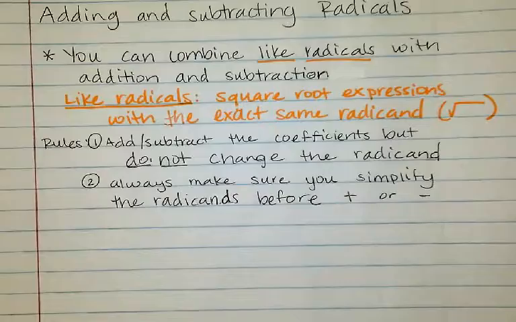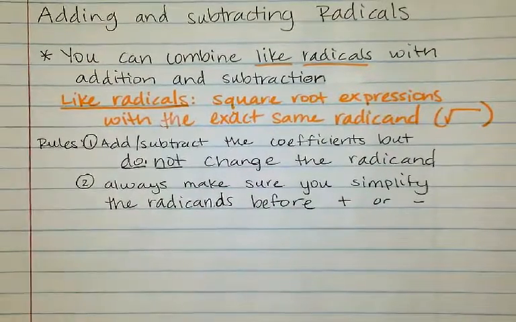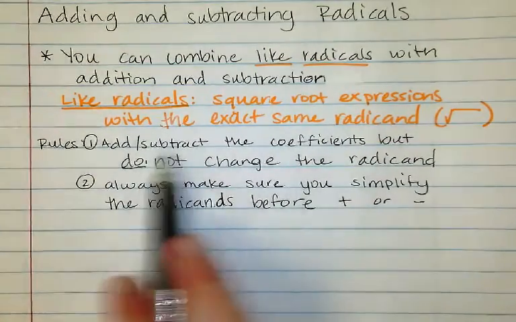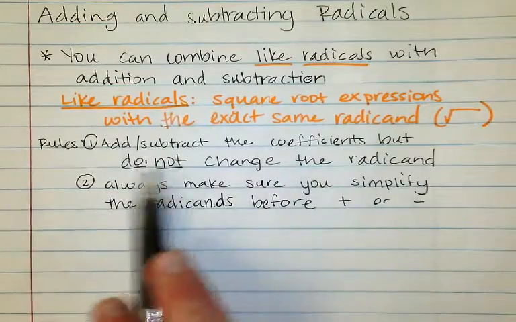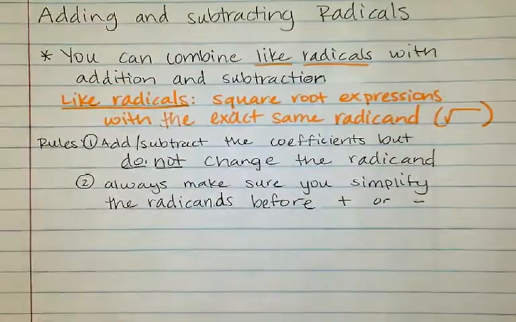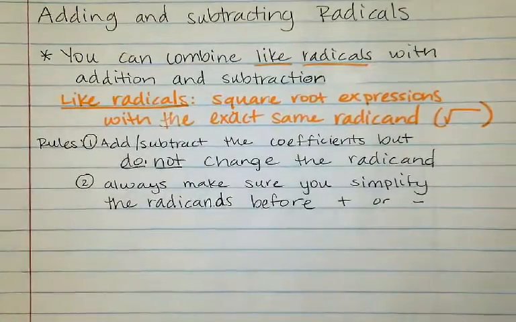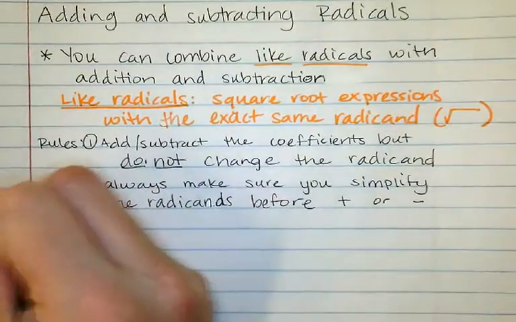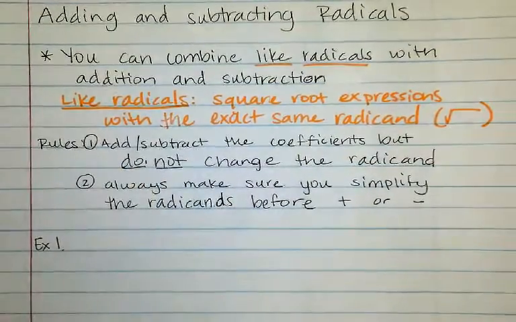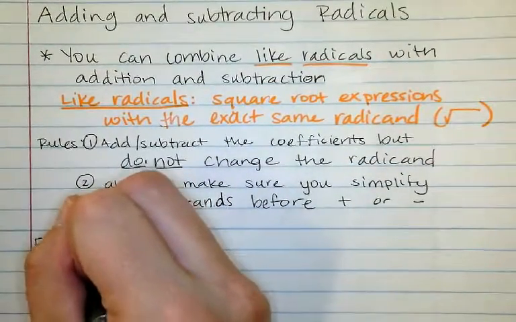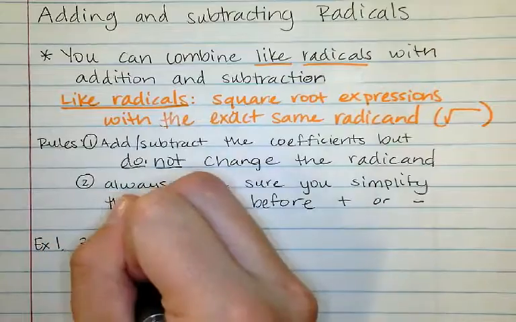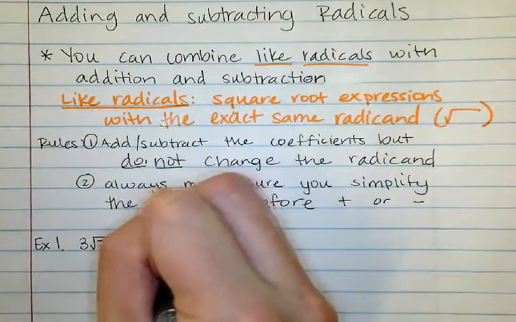You can combine like radicals with addition and subtraction, but when you combine them, you just add or subtract the coefficients, but you don't change the radicand. And you always make sure you simplify it before you add or subtract. Alright guys, so I'm going to give you a few little examples here. For example 1, I'm going to do 3 times the square root of 7 plus 8 times the square root of 7.